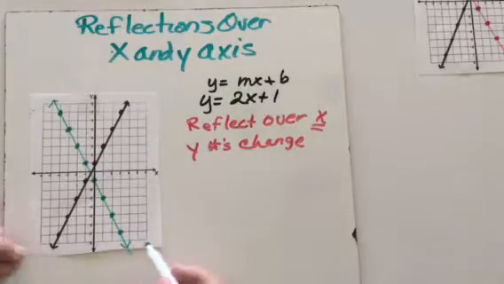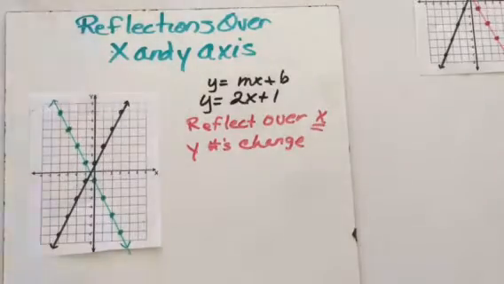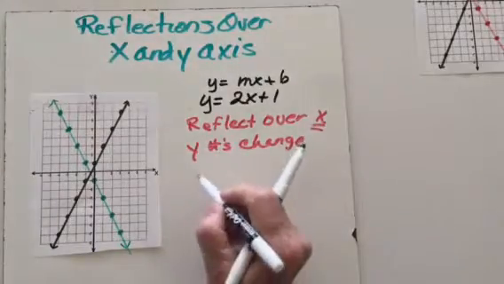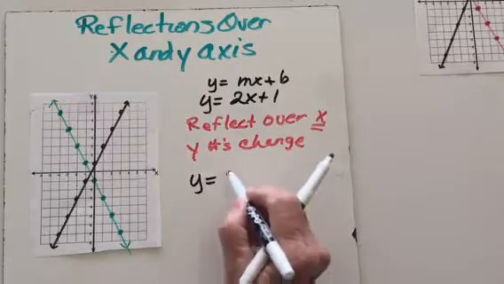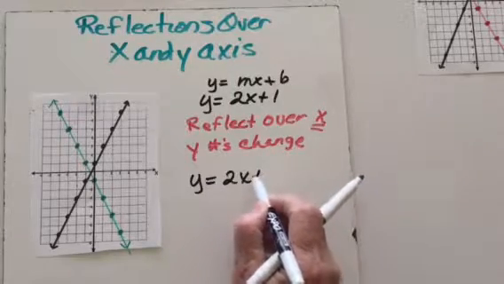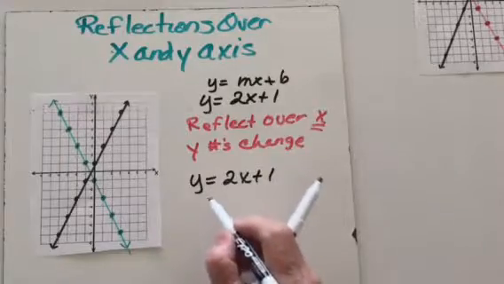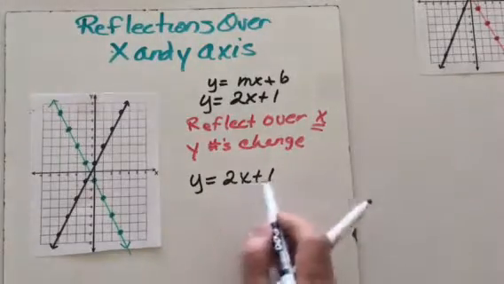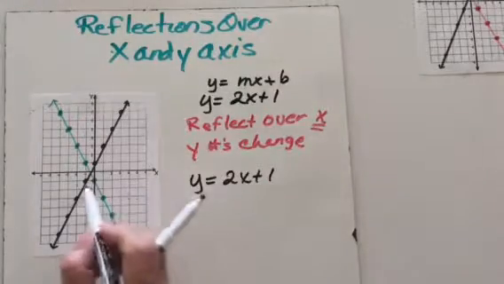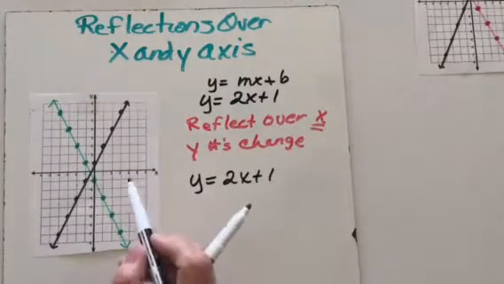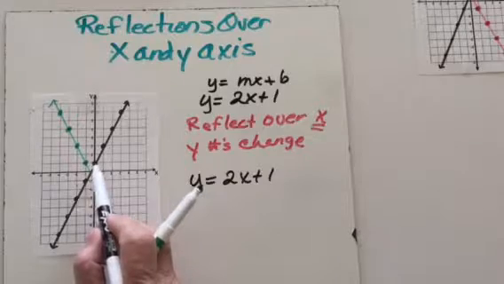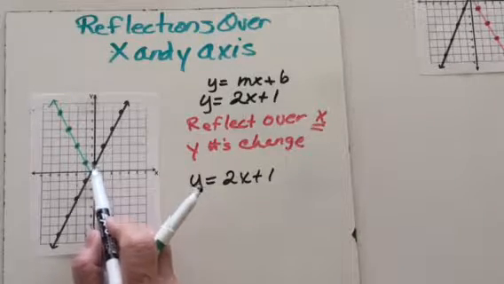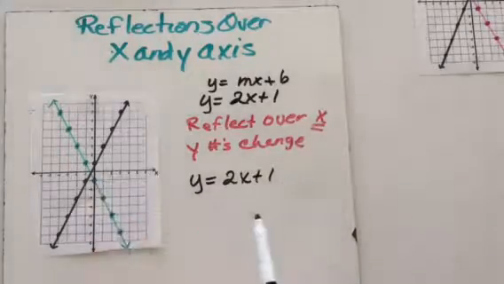Okay? So now we started off with y equals 2x plus 1. Now, again, I want to put it in y equals mx plus b format. It has to be the same way. Now, but look what happens now. My y-intercept, now, you see the green point?